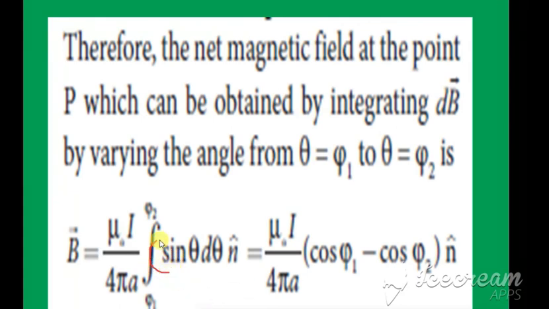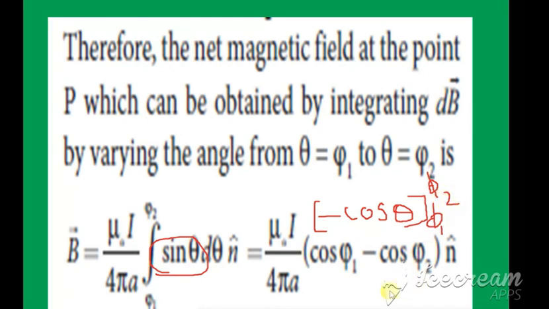If you integrate sine, it is minus cos theta. Now apply the limits in this. The lower limit is phi 1 and the upper limit is phi 2.